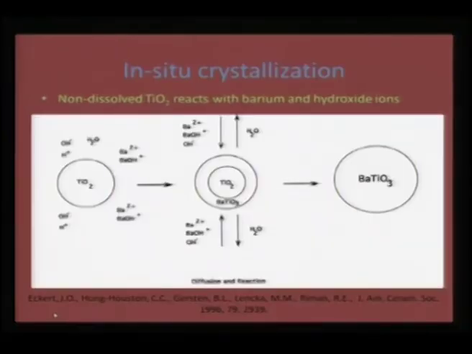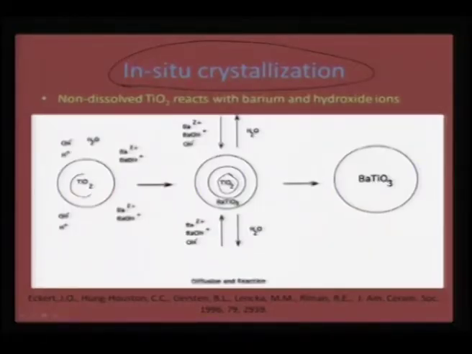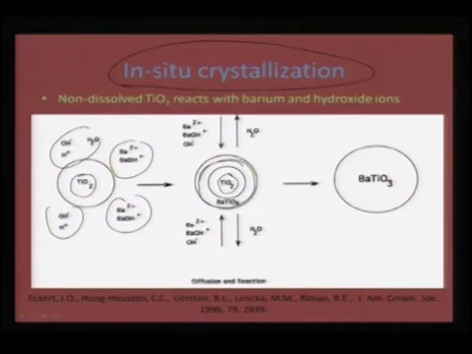And if it is an in situ crystallization, then the model is you would not see titania going into the solution, where the titania solubility is much less than barium hydroxide, because barium hydroxide can easily dissolve into water. So, in that case what you expect is once a seed crystal of titania is formed, then you have barium and other components coming and joining, and then overall it will transform into barium titanate.